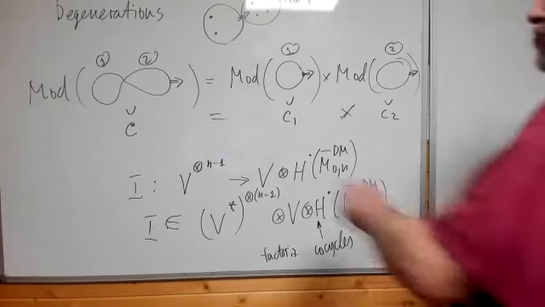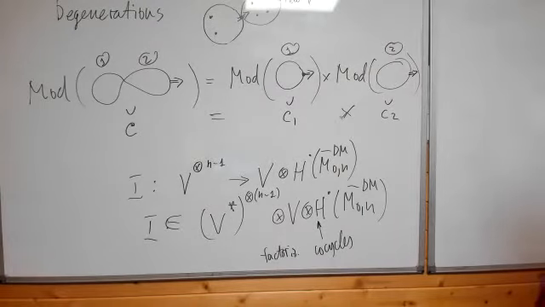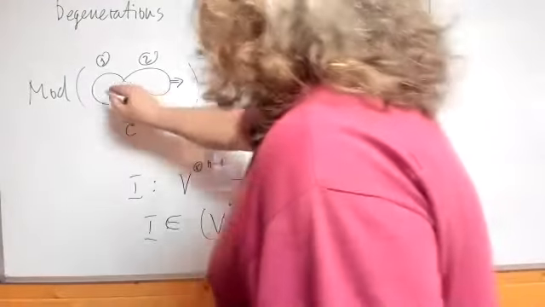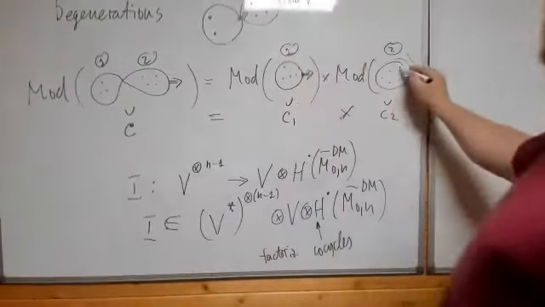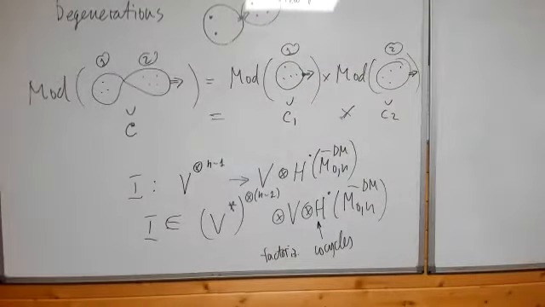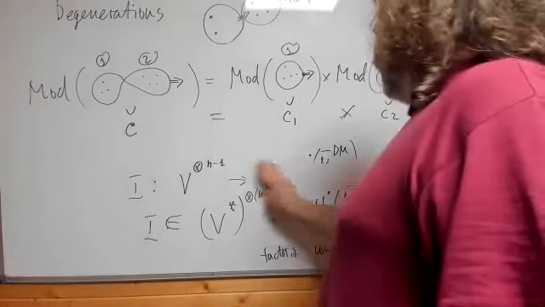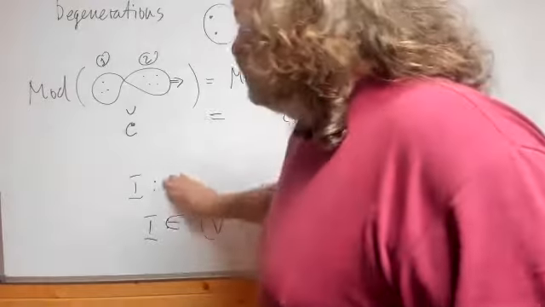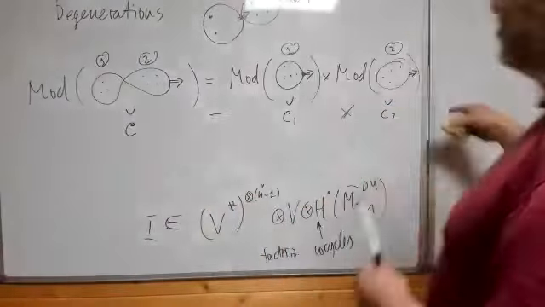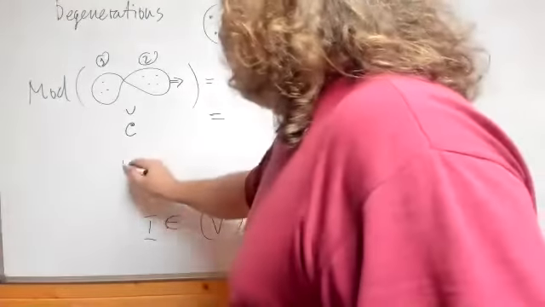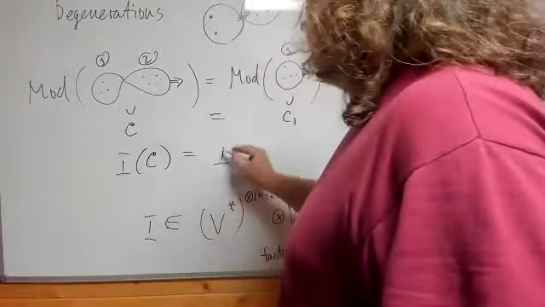It could be the full space, or it could be some subspace. So these are marked points. And factorizability says that in such a situation, I corresponding to cycle C is a composition.